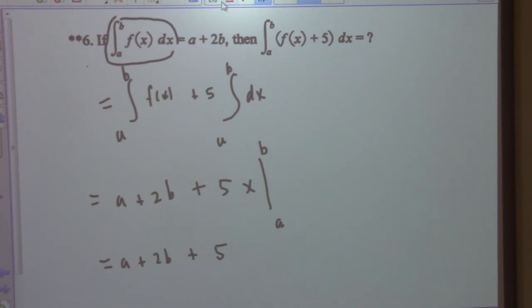So 5b minus 5a. So what is this going to be here? Negative 4a plus 7b. So that'll be our answer to this one.